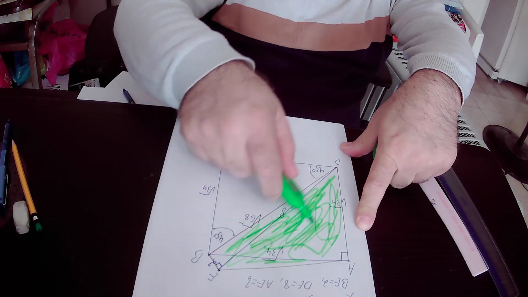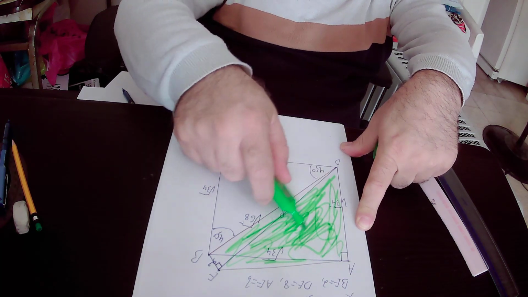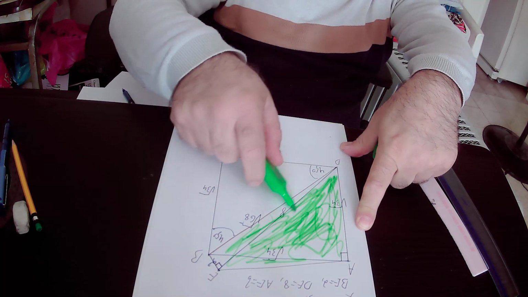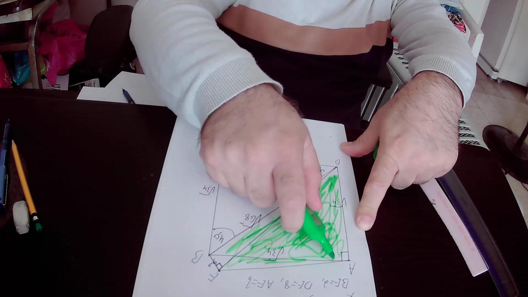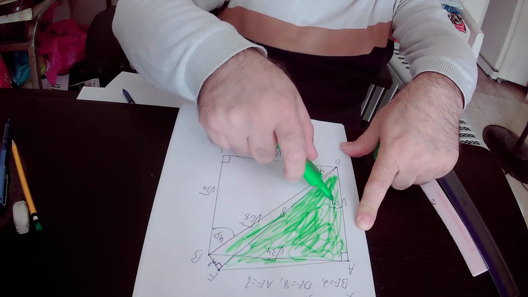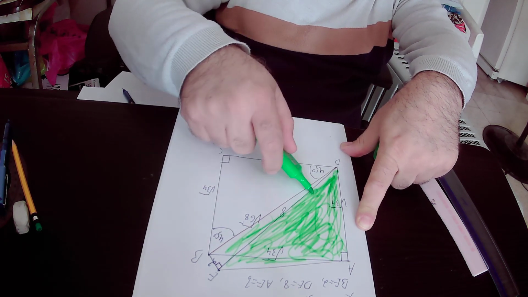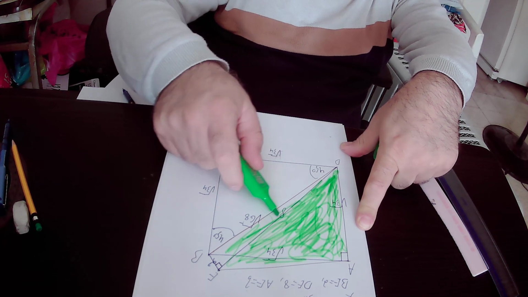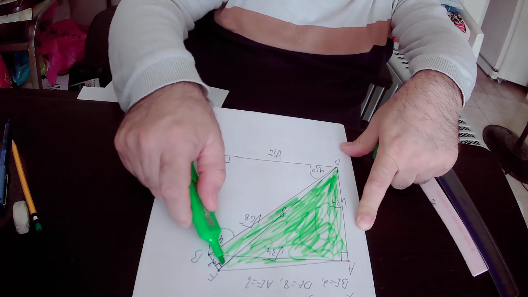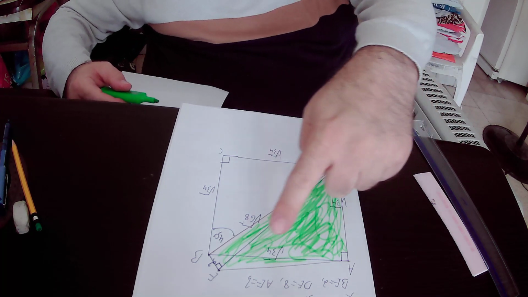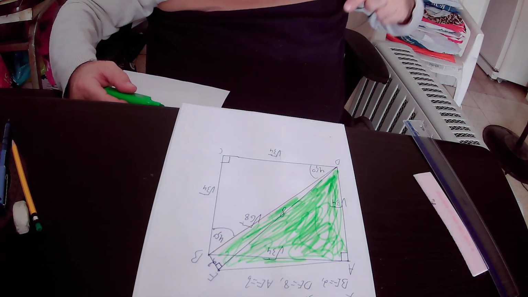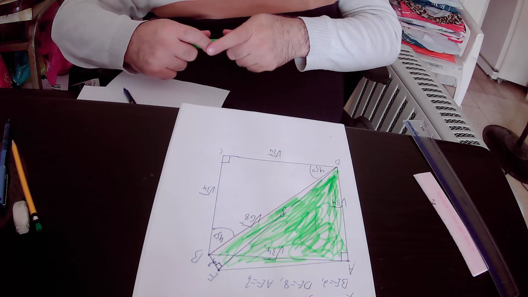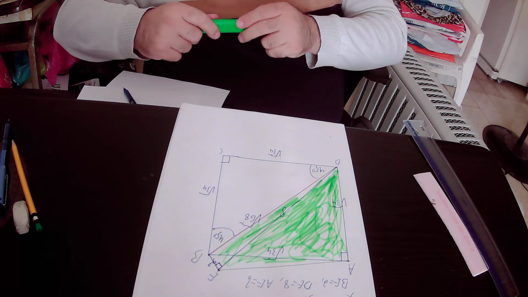The green quadrilateral AEBD is inscribed by a circle, and the 4 points A, E, B, and D lie on that circle. So I will draw it.